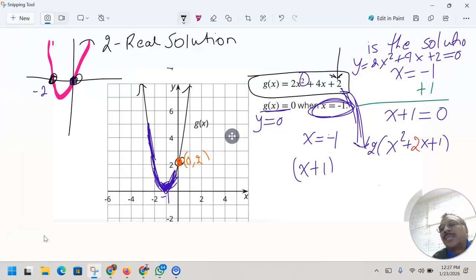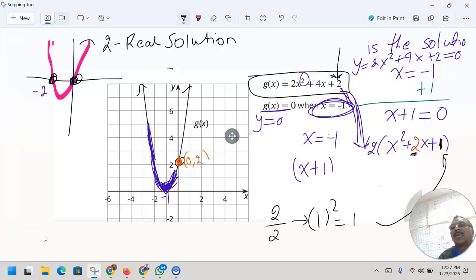If you see this number 2, half of 2 is 1, and if you square it, it is 1, which is right here. So that means that expression is a perfect trinomial. If it is a perfect trinomial, we can write it as 2 times (x plus 1) the whole square.